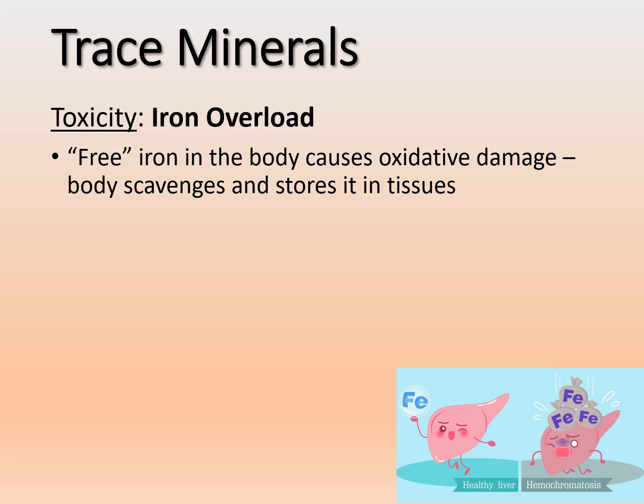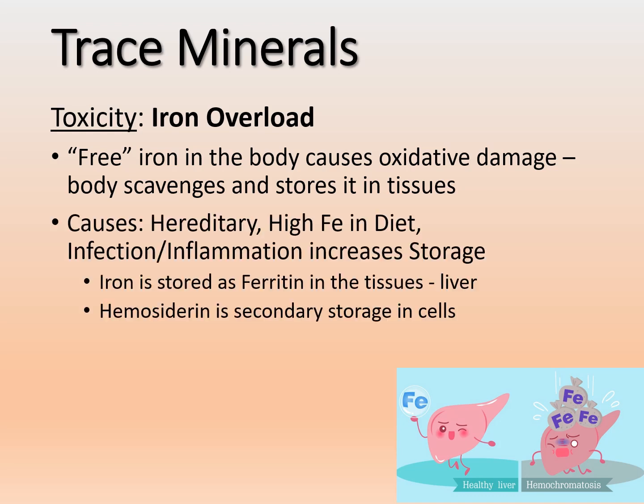Since we can store iron in our liver mostly, but also spleen and somewhat in the cells as well, we can see this iron toxicity, and we call it iron overload. What happens is if there is free iron in the body, it can cause oxidative damage to our tissues.